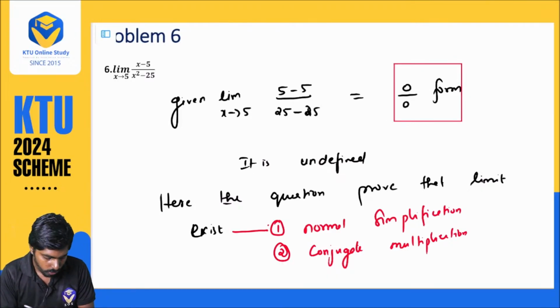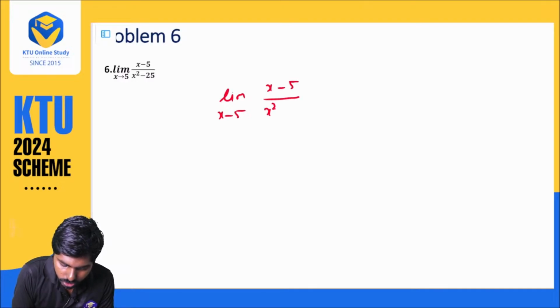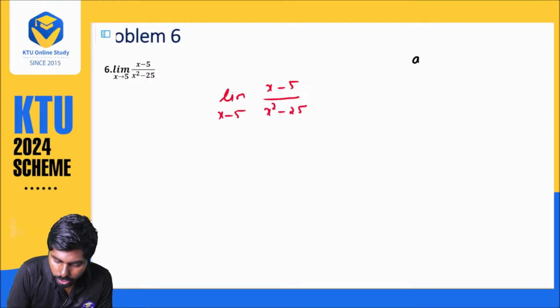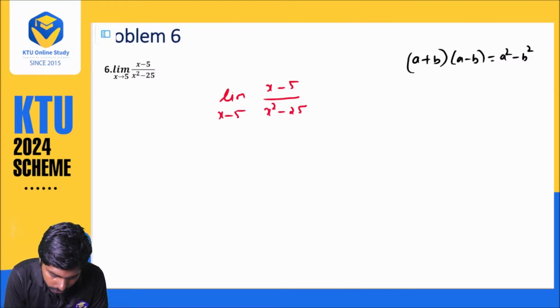Okay, so how to deal with it: limit x approaches 5, x minus 5 divided by x square minus 25. We know the formula: a plus b into a minus b is nothing but a square minus b square. Just observe the denominator.